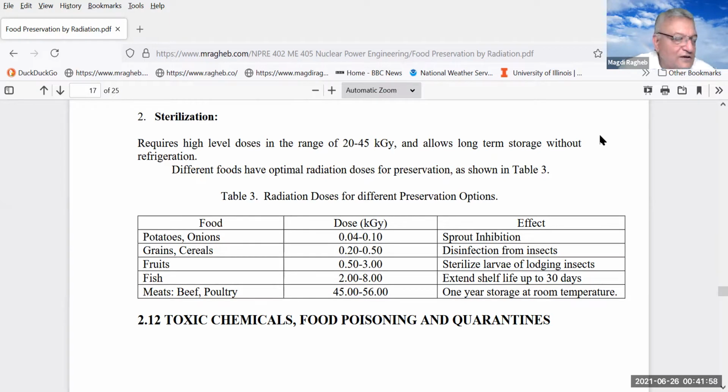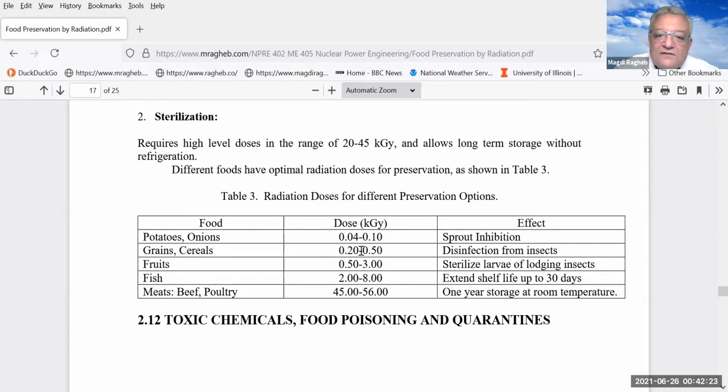Different foods need different levels of radiation doses to be sterilized. For instance, potatoes and onions need 0.04 to 0.1 kilogray to inhibit their sprouting in storage. And remember, the gray is energy per unit mass, so that's already per unit mass.